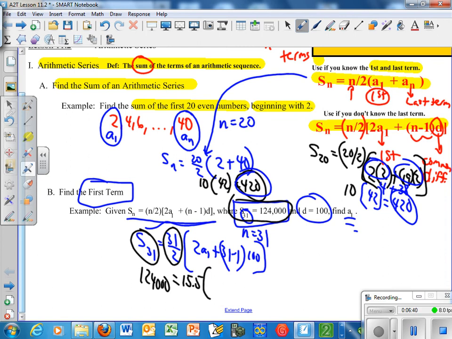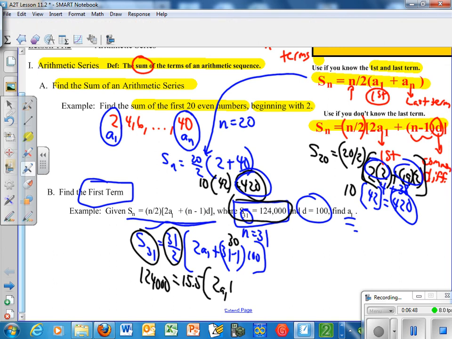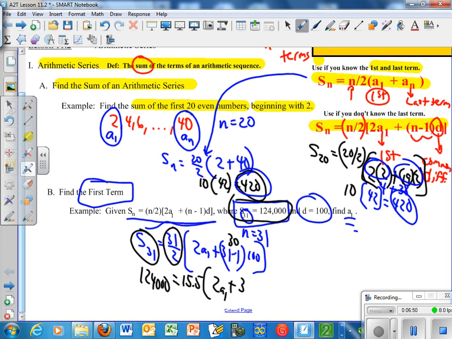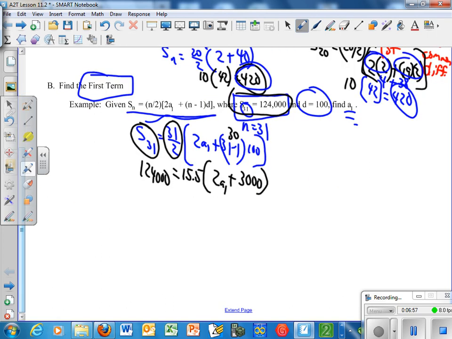And then this is 30, so inside here I have 2A1 plus 30 times 100, which is 3,000. Let's extend the page a little bit here. All right.